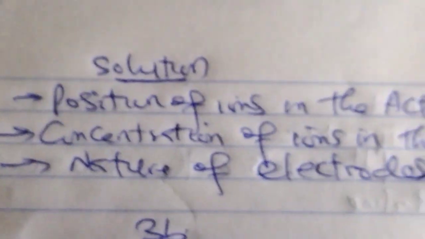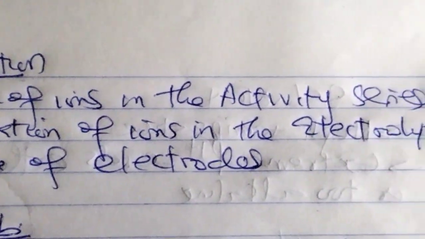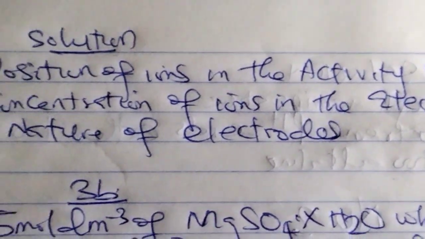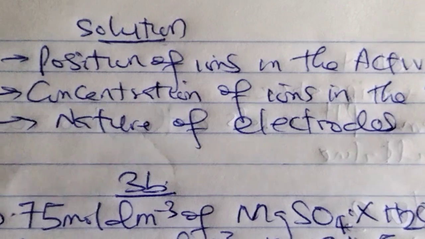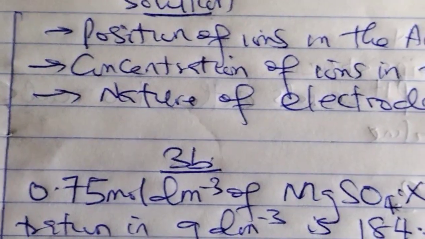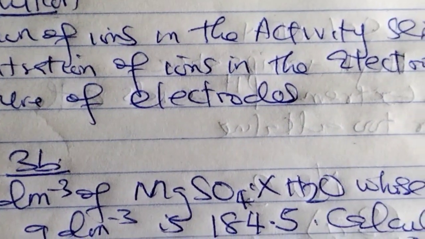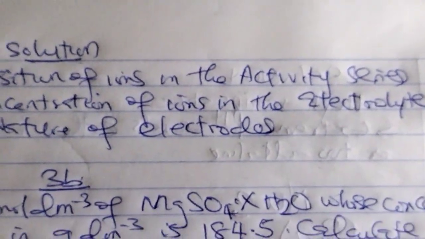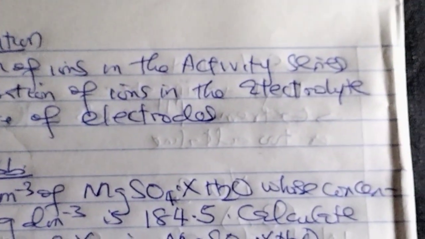Solution, position of ions in the activity series, or you can say electrochemical series. Number 2, concentration of ions in the electrolyte. Number 3, nature of electrodes. So you can see very well.